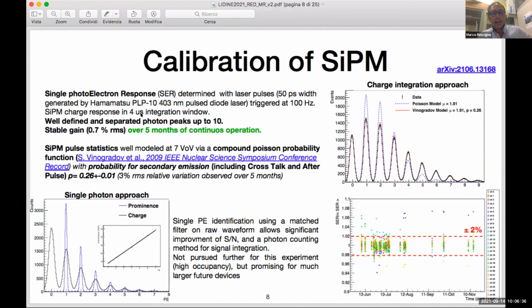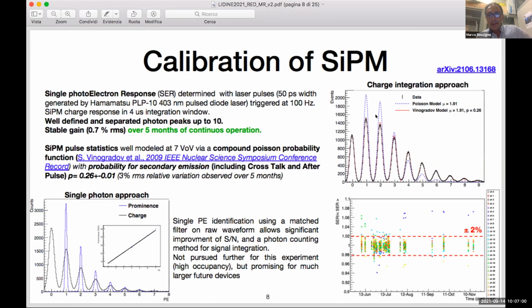The charge is integrated in a 4 microsecond integration window, and we see clearly separated photon peaks up to 10 photons and more. The gain has been measured over 5 months of continuous operation of these devices and has been shown to be stable with an RMS of 0.7% globally.